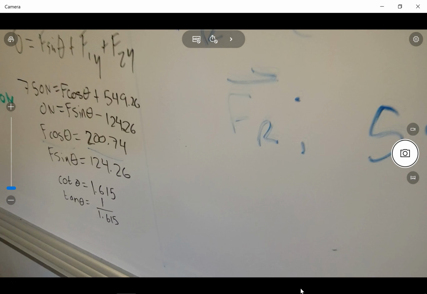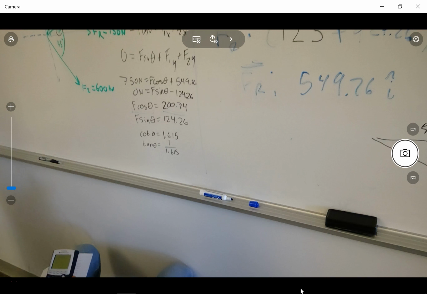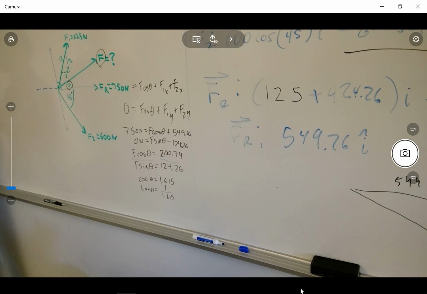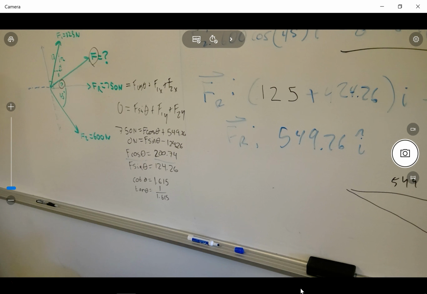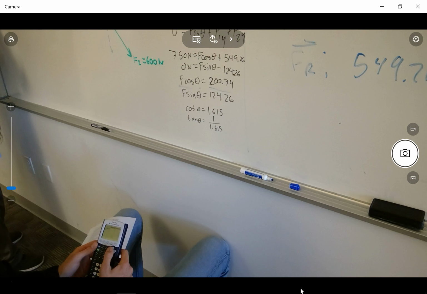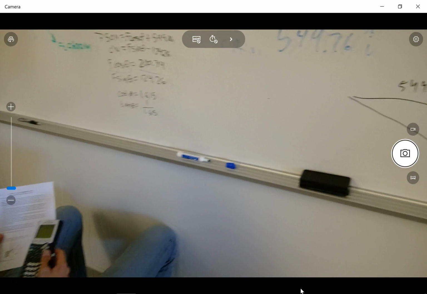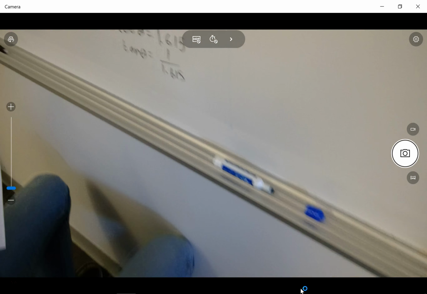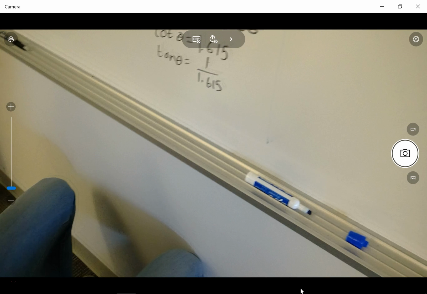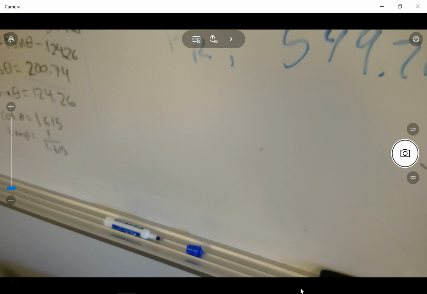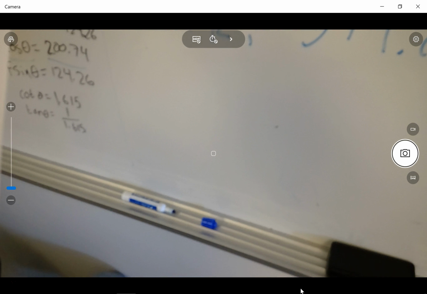So then what's theta? It should be 31.8 degrees.